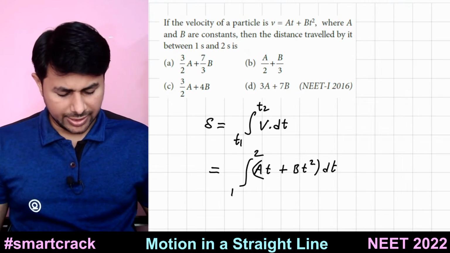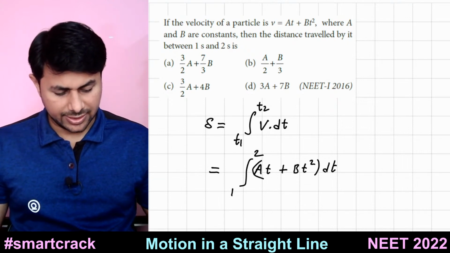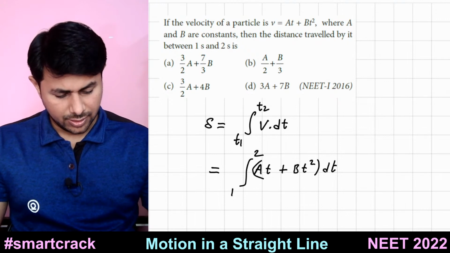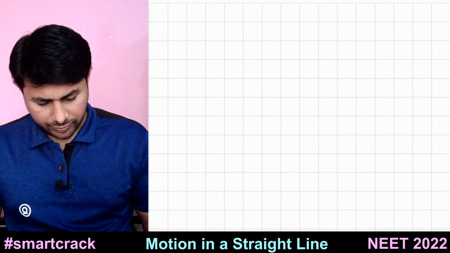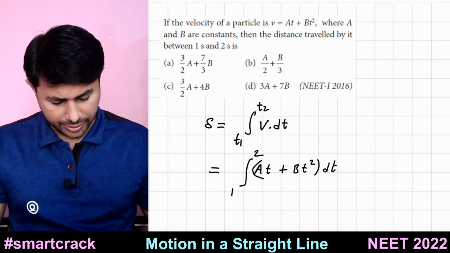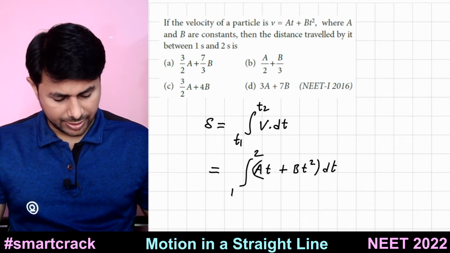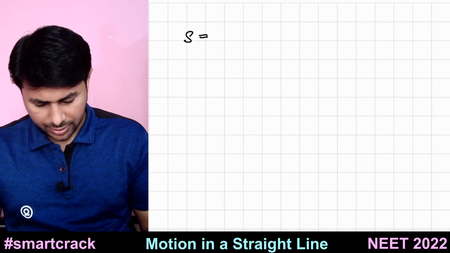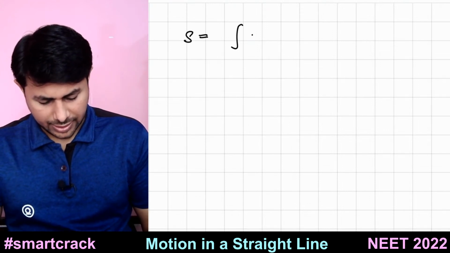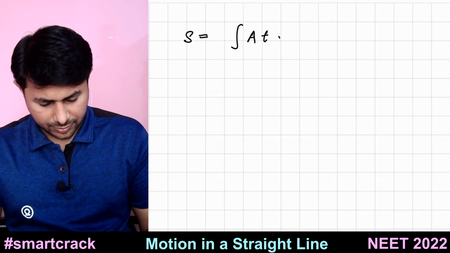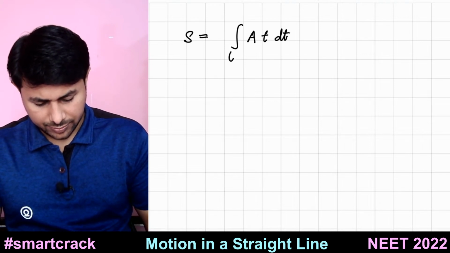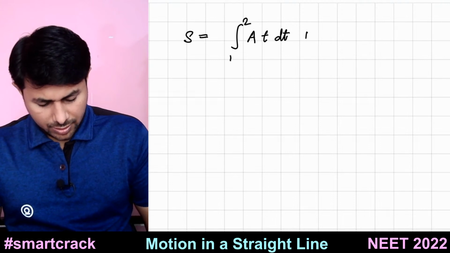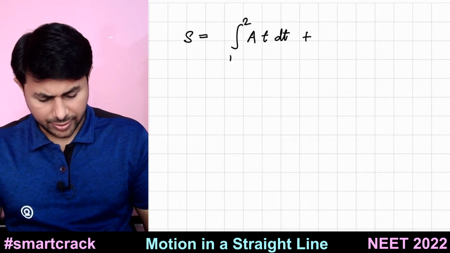And we can separate this because there is a plus sign in between. So s is equal to the integral of at dt from t1 to t2, that's 1 to 2, plus bt square.